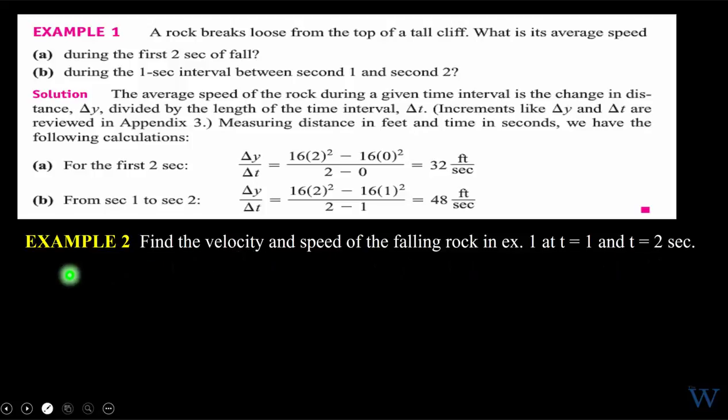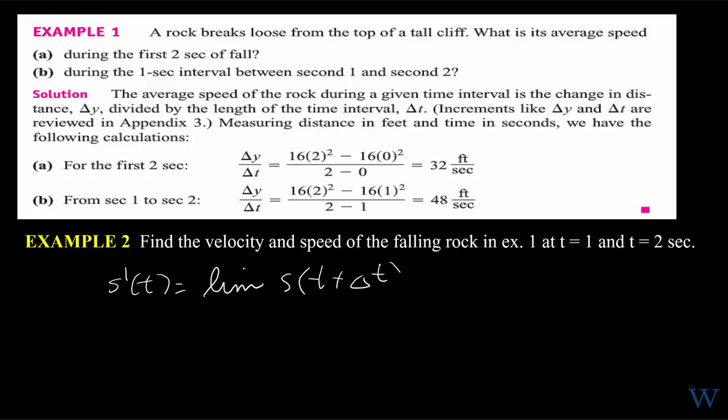So now, because we already know the differentiation rules, instead of taking the limit, s prime of t would be the limit of s of t plus delta t minus s of t.